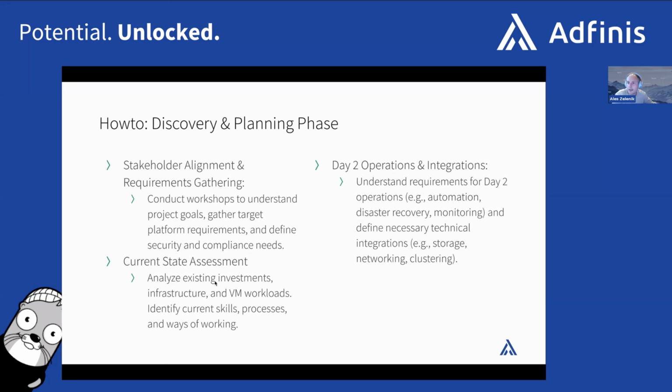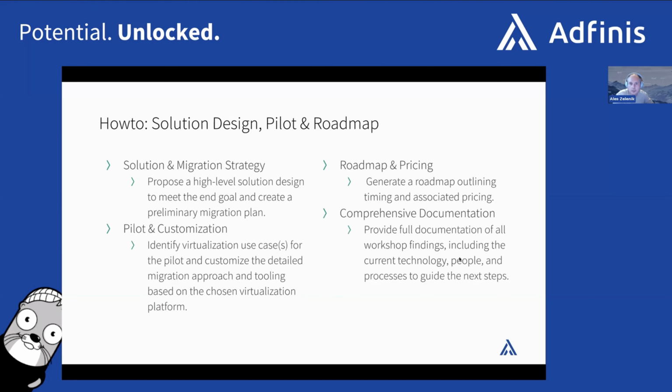What kind of backup, disaster recovery, and monitoring tools you use, and how to best integrate that with OpenShift. There are many ways for that, and that would be a specific part of a workshop that would be organized for that purpose.